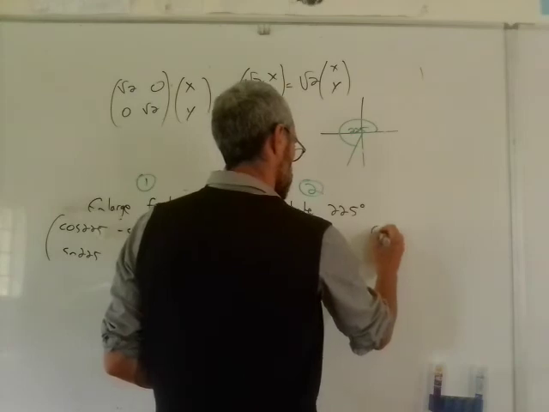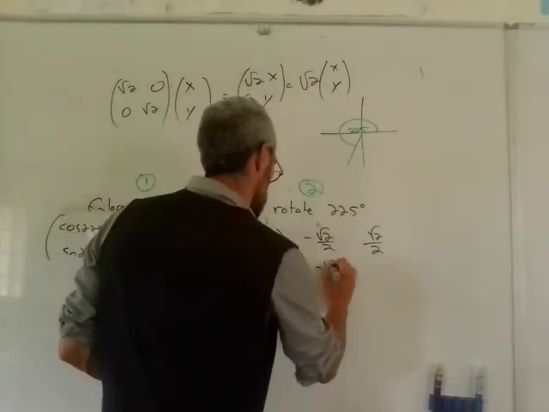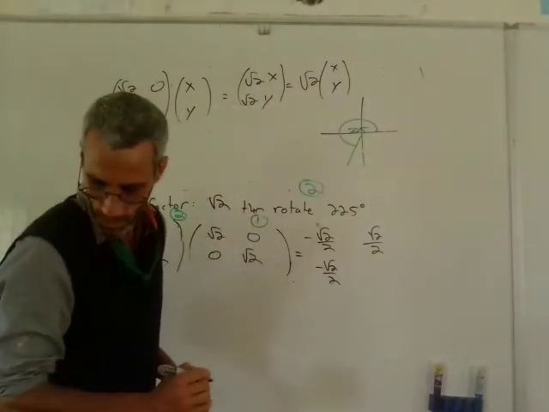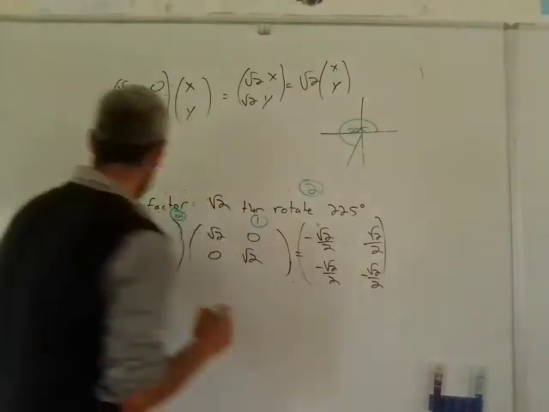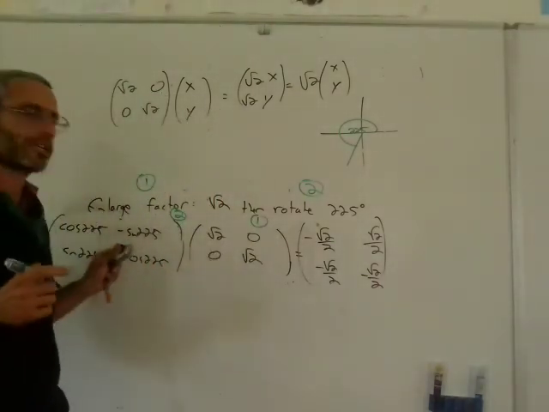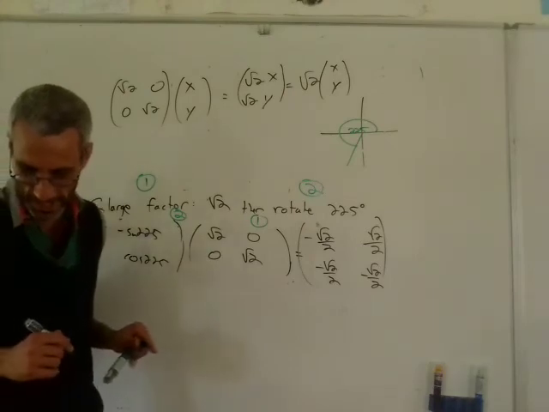And here you get square root 2 over 2, and here minus square root 2 over 2, and here minus square root 2 over 2. So all I did is just use the calculator. It's actually a special angle, but never mind, this time of the day, you can use the calculator.